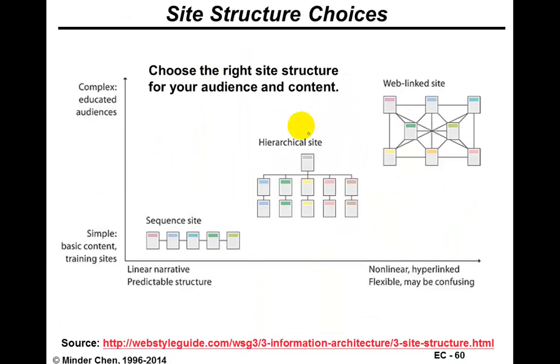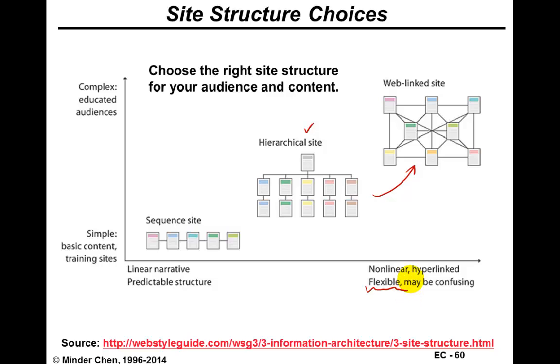So we started with a hierarchical kind of structure, but as I mentioned, you do want to keep your website structure flexible with a lot of links, particularly when you have a very complicated site structure, where you want to give the user a lot of flexibility.